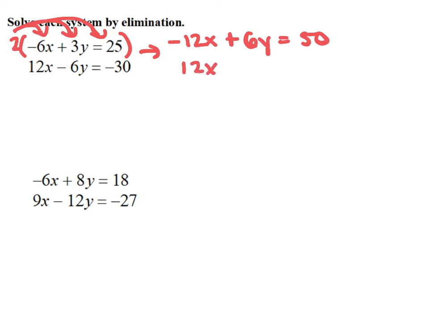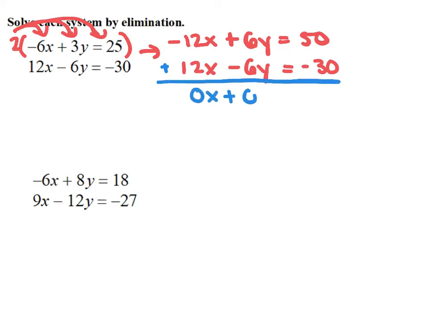So it's 12x minus 6y equals negative 30. Now if you add those two equations together, you would have 0x plus 0y equals 20.